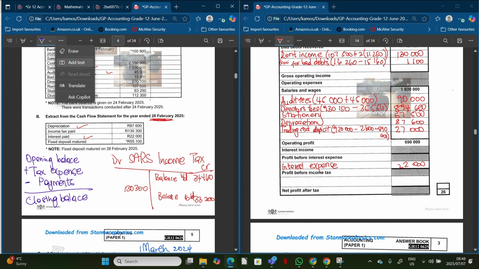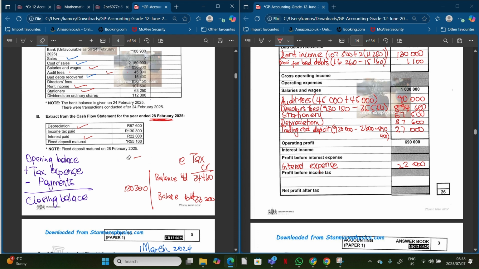So now let's do it on the right hand side so I can explain. Now, the opening balance from 2024 was 34,460.